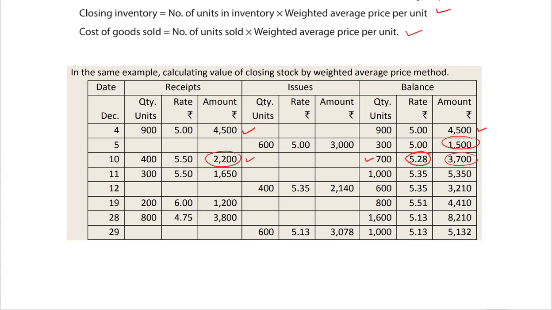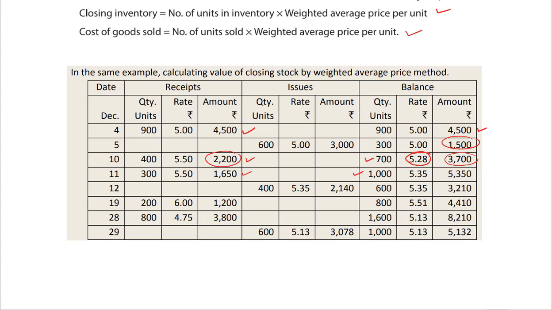On 11th of December, we received 300 units at the rate 5.5. 300 multiplied by 5.5 is 1650. Now, we have 700 quantity over here and 300 quantity over here. The total is 1000. The balance amount is 3700 plus 1650, the total is 5350.